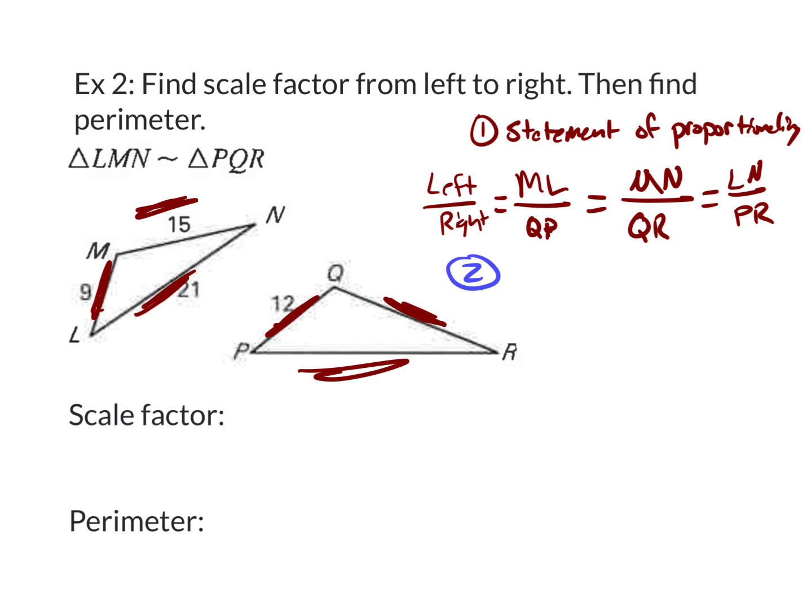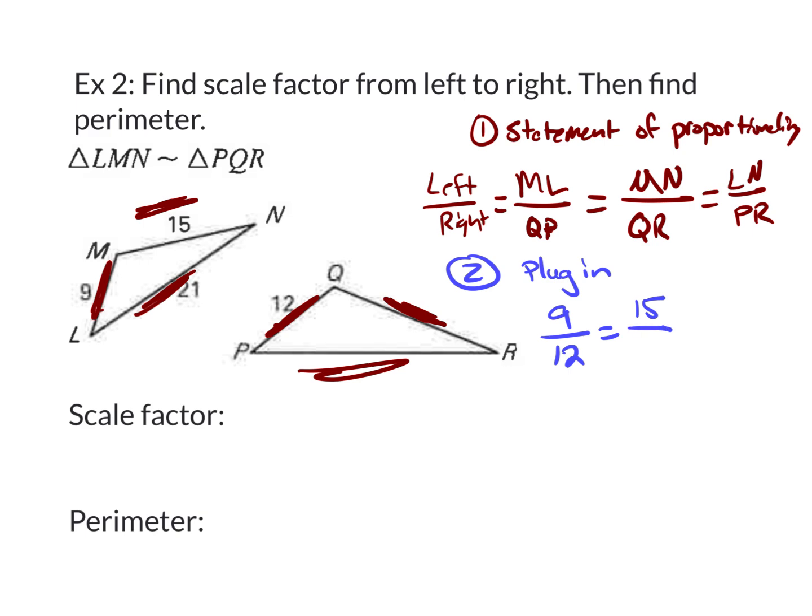Step 2, plug in. All right. ML, how much? 9. QP, 12. MN, 15.